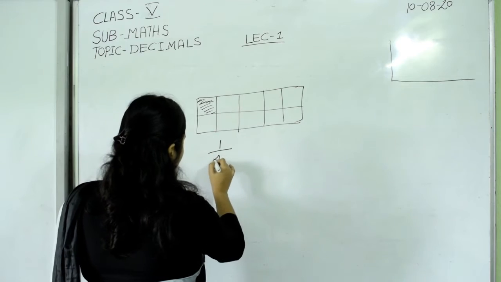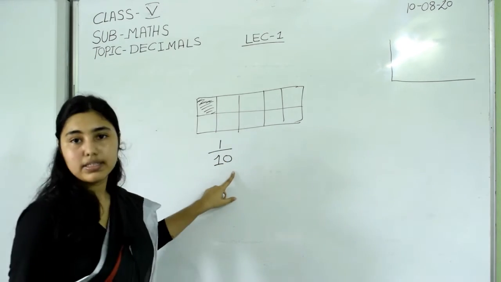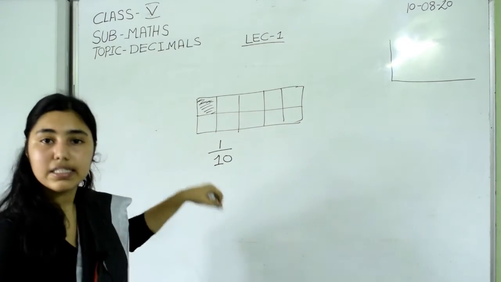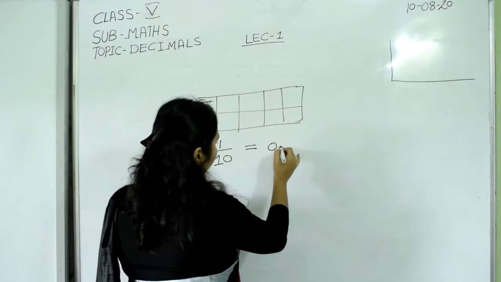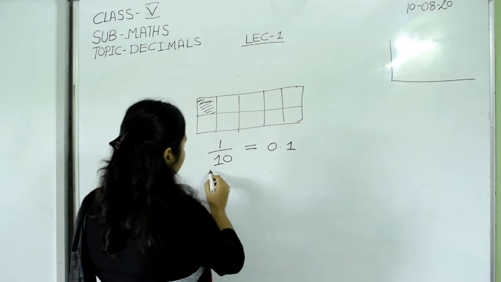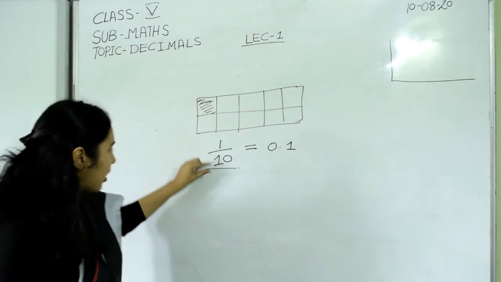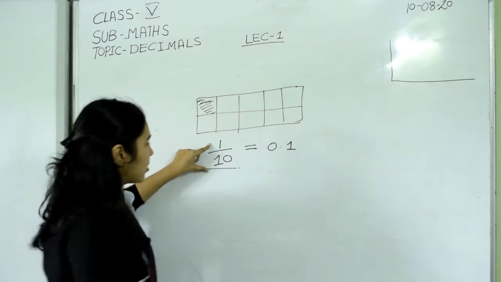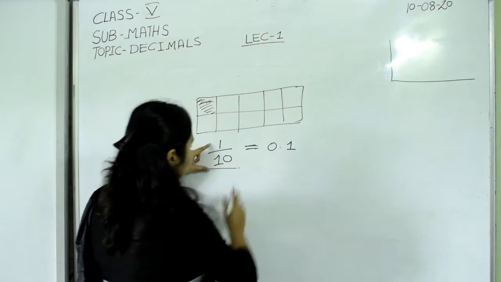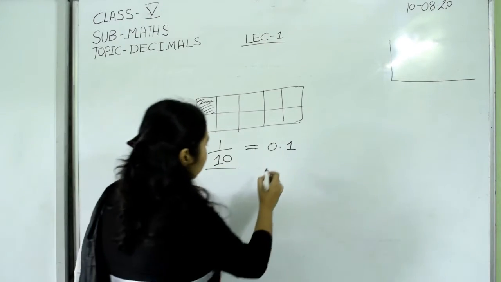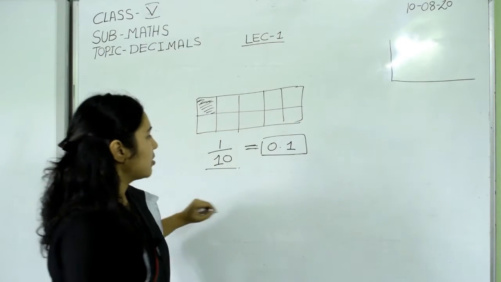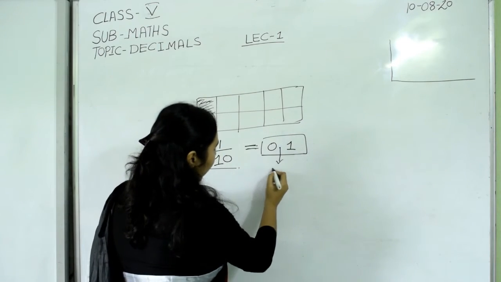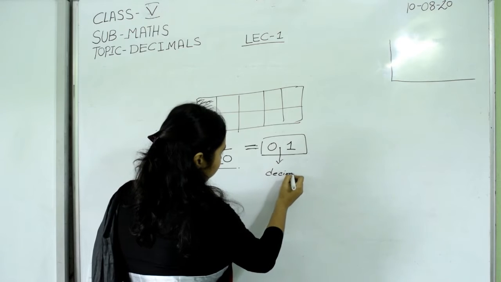You can write it as 1/10, and in decimal form we can write it as 0.1. This is a fraction. We know that this is a fractional value, right? And this fractional value is equal to 0.1. Here this point is known as the decimal point.